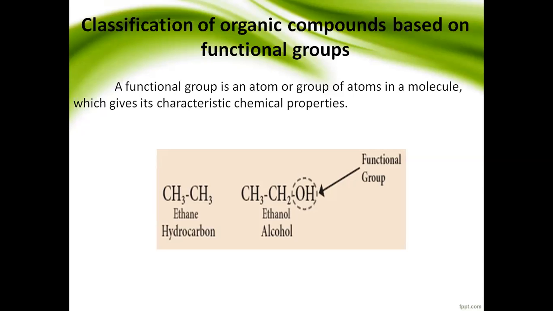For example, let us take ethane. Its molecular formula is CH3, CH3, and it is a hydrocarbon. If one hydrogen atom is removed and we include the functional group OH, the remaining part CH3, CH2 reacts with the OH.